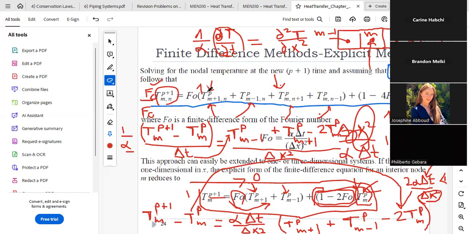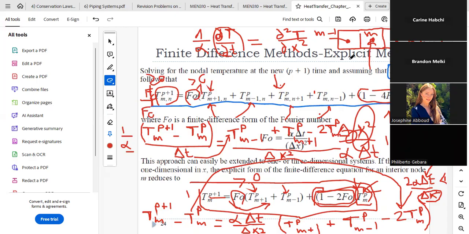And the coefficients for all of the other adjacent cells, T_(m+1,n), T_(m-1,n), T_(m,n+1), T_(m,n-1), are equal to Fourier, which is positive. So we only have a possibility of a negative coefficient for T_(m,n)^p. And for 2D, this coefficient was proved to be 1 minus 4 Fourier.